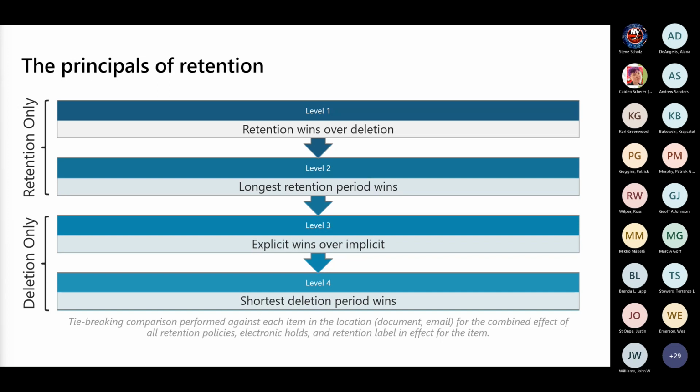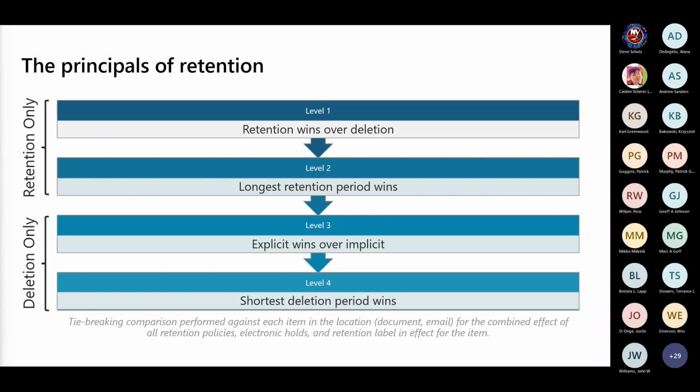In fact, many organizations end up with unexpected results simply because they misunderstood or didn't plan deployment according to the principles of retention. At a basic level, these principles are used to help determine conflict resolution, for example, when multiple policies affect a single item or location.